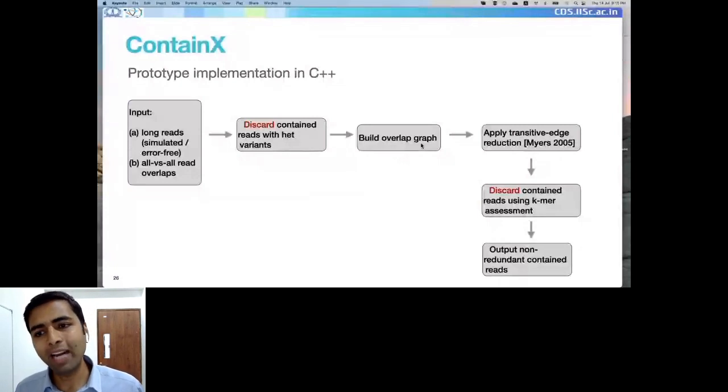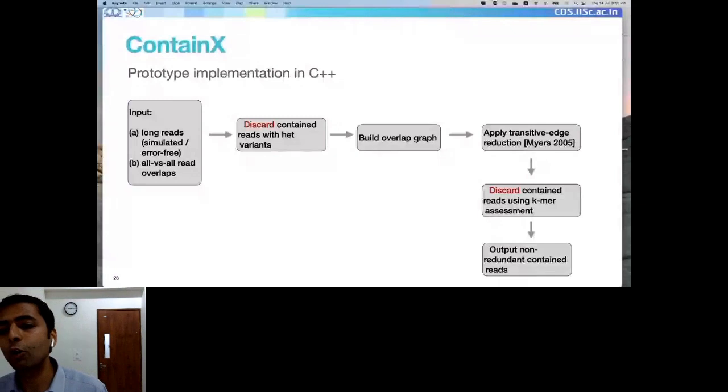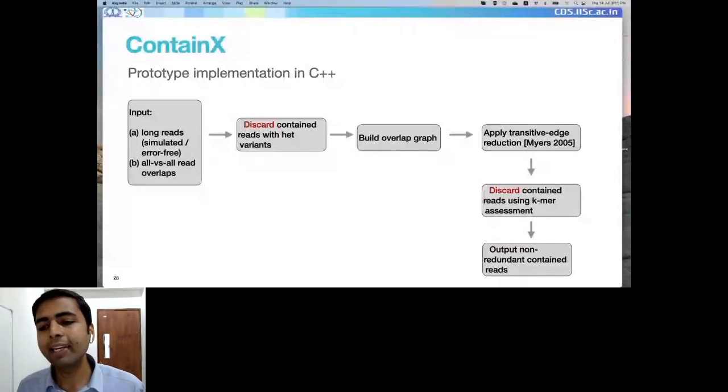Second, we build the overlap graph, apply transitive reduction, edge reduction from Myers, and then again apply the K1 assessment to further reduce the count of contained reads, and finally output the set of non-redundant contained reads. We hope that in this process, a large fraction of contained reads is thrown away so that we can sparsify the overlap graph as much as possible.